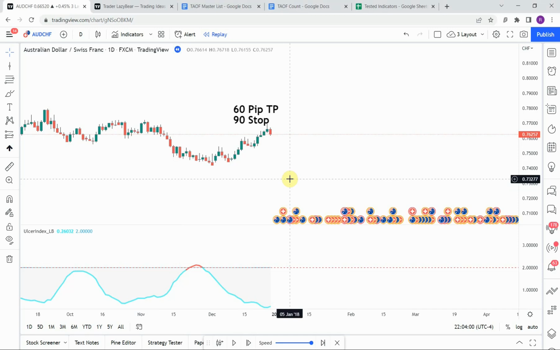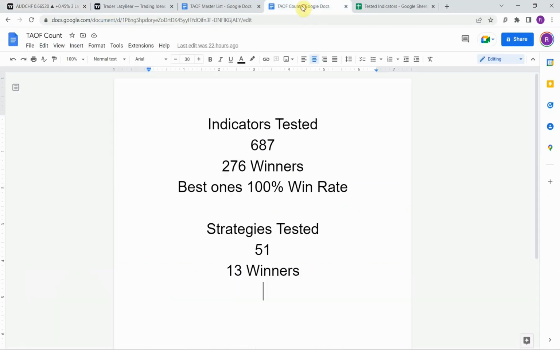Alright, as I said, today we will be testing the Ulcer index indicator. Before we do though, I wanted to put the testing scoreboard up for everyone to see. So to date, we have tested a total of 51 different strategies, with 13 of them being profitable. We've also tested a total of 687 indicators, with 276 of them being winners.